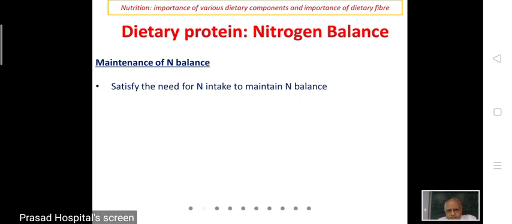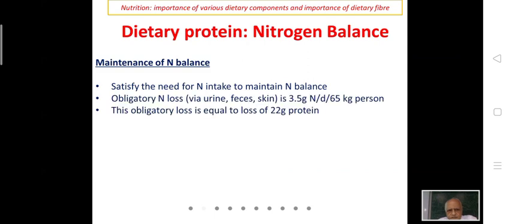For maintenance of nitrogen balance, you satisfy the need for nitrogen intake. That means you ensure that you take protein in your diet. Obligatory nitrogen loss via urine, feces, or skin has been estimated to be about 3.5 grams of nitrogen per day for a normal body weight person. This obligatory loss is equal to a loss of about 22 grams of protein.